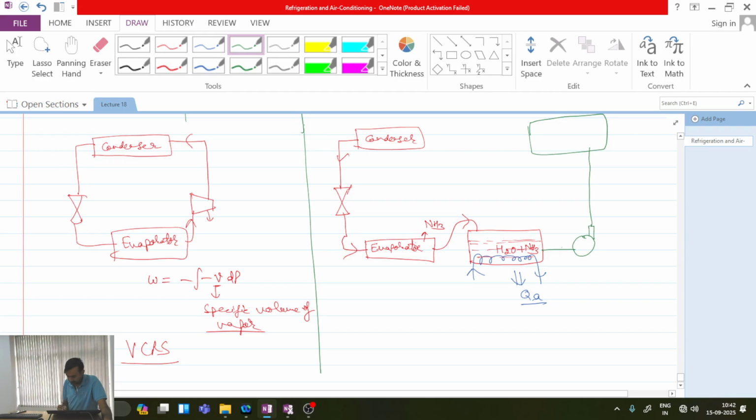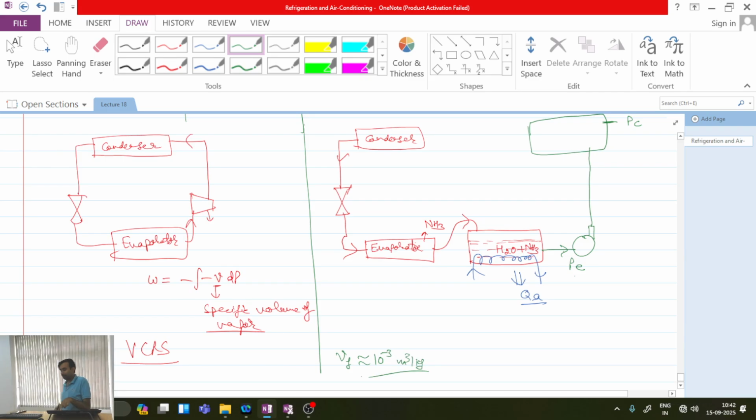This was entering at evaporator pressure. Now I will pump it up to another chamber maintained at a pressure close to condenser pressure. Again I am doing a pumping process, changing pressure from PE to PC. The pressure difference is the same, but now I am pumping liquid, and the specific volume of the liquid is of the order of 10 to the power minus 3 meter cube per kg.